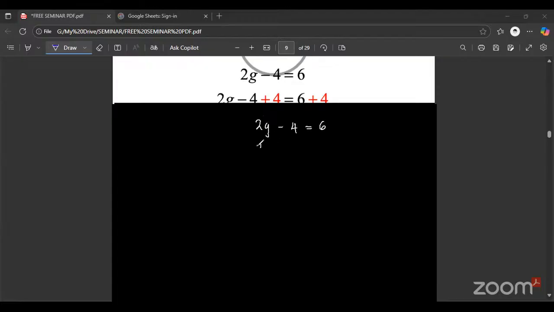So first thing you have to bring your 4 this side. That becomes a plus 4. So it's 2y is equals to 10. Your y will be equals to 5, 10 divided by 2. Again, your y is equals to 5. Understood? Yes, teacher.